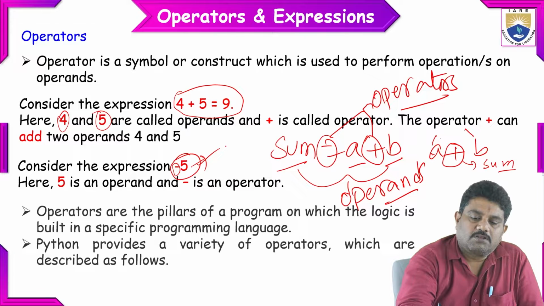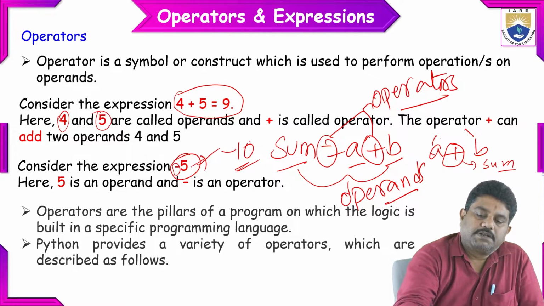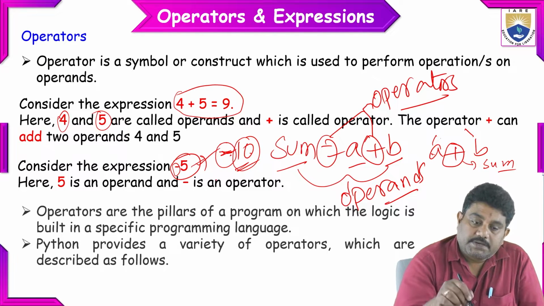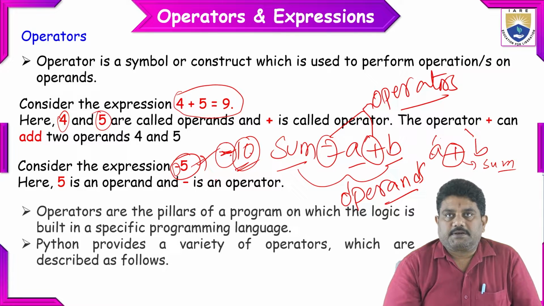Or sometimes we can also write it like minus a, or minus 10. Here 10 is an operand and minus is an operator. This minus operator makes the magnitude 10 a negative number. So that is the importance of the operator here.